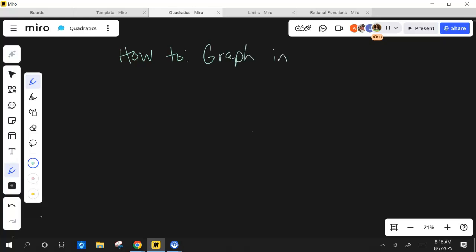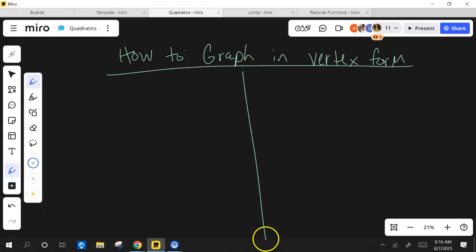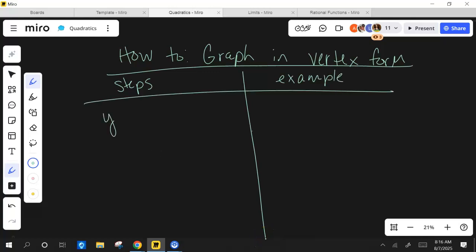Graph in vertex form. My favorite. Steps. This is my favorite kind of step sheet. Y equals a times x minus h squared plus k.